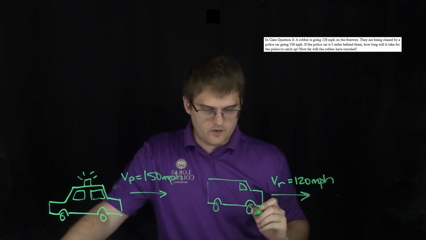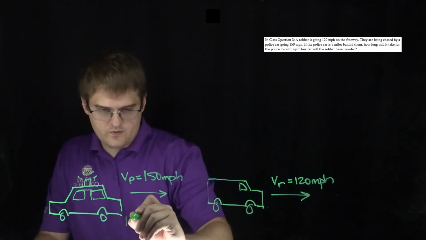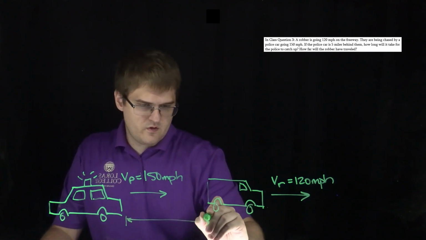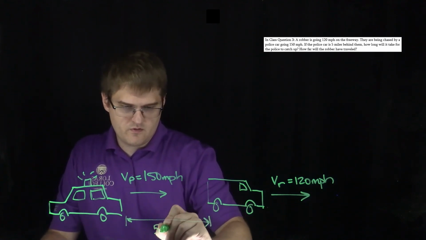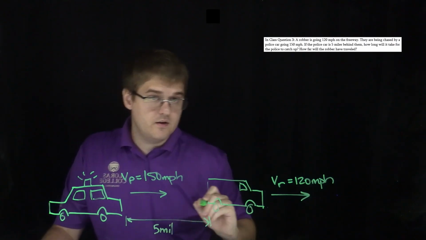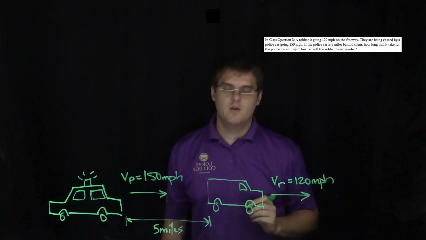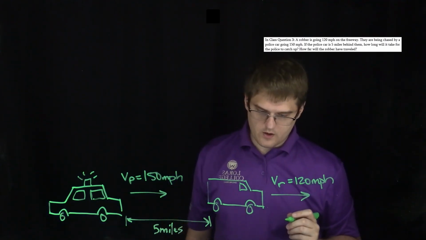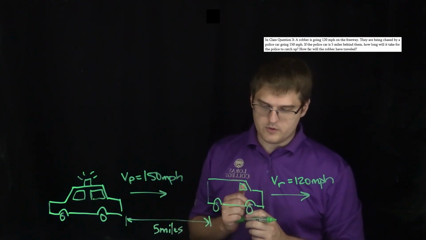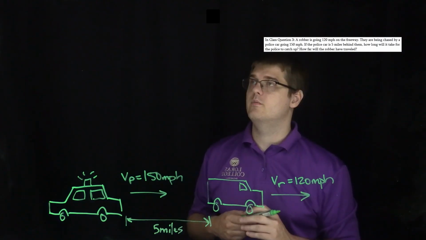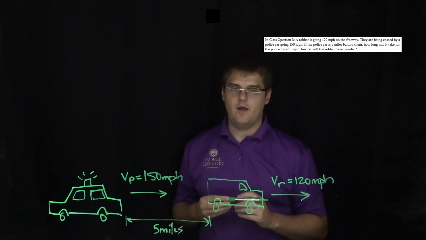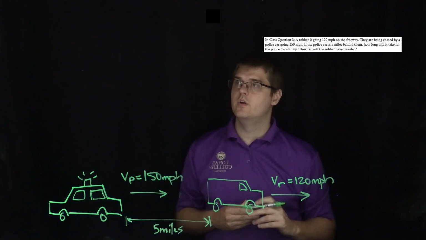If the police car is 5 miles behind them, that is visible, perfect. We want to know how long it will take the police car to catch up and how far the robber will have traveled.